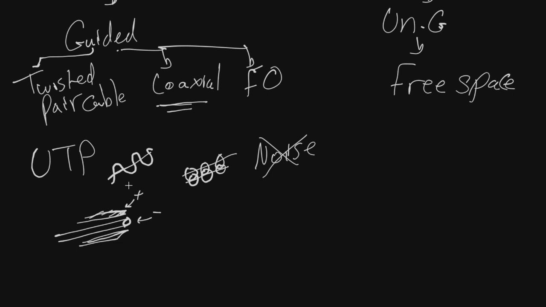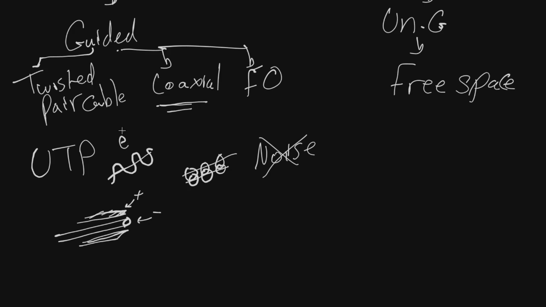It exists, for instance, in things that need guidance. It needs guidance for the electromagnetic wave itself, not like the twisted pair, which guides positive or negative and just provides electricity.